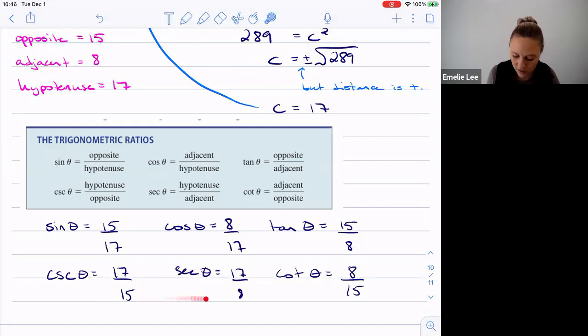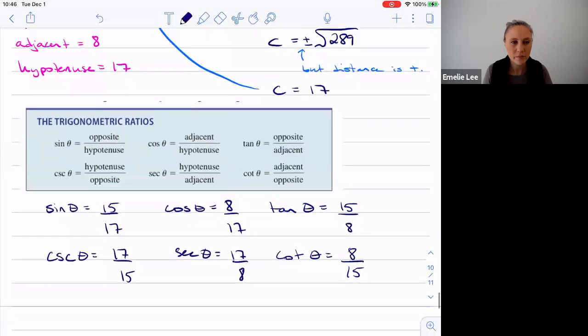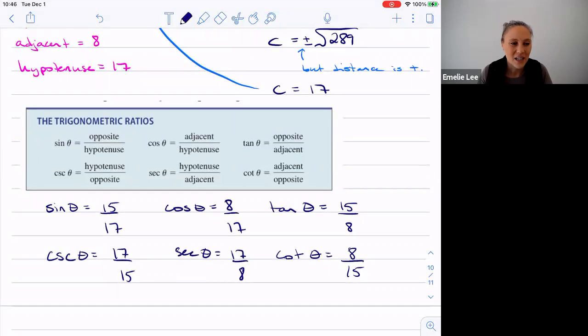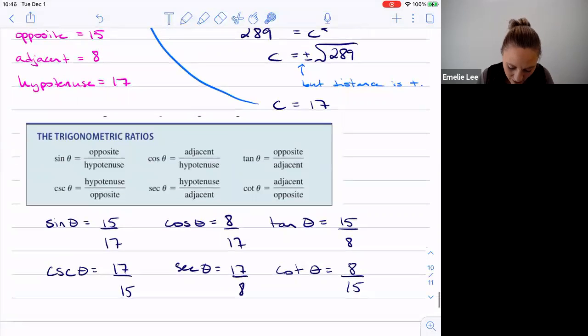Notice that these ones are just flipped. If the cosine is 8 over 17, then the secant is 17 over 8. You have to remember which ones are related, but besides that, you kind of got it from the first row. So not bad.